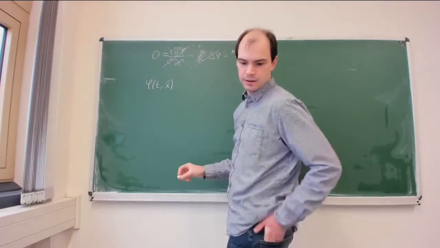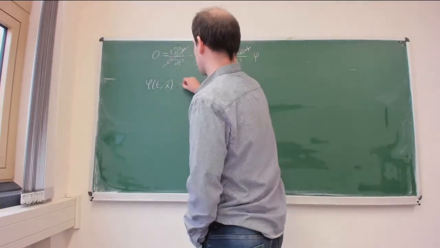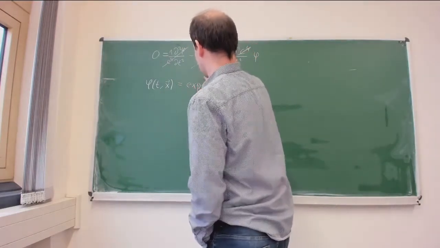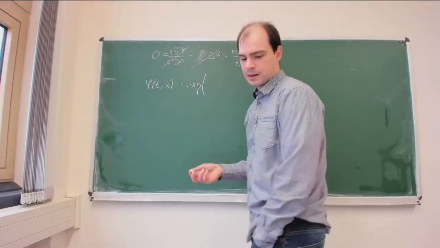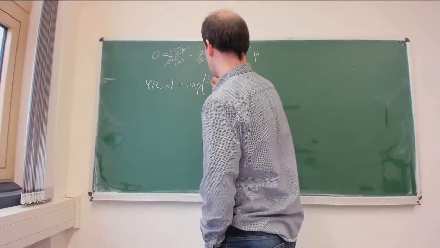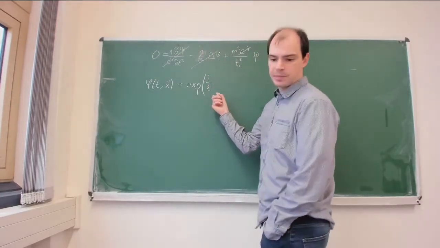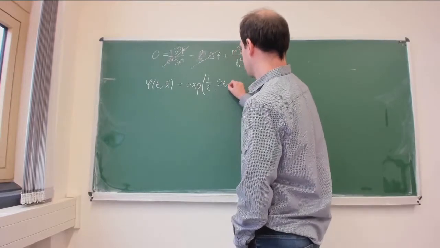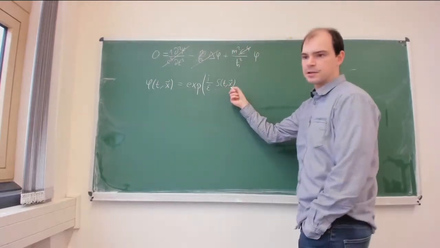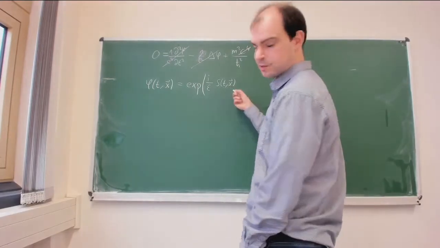our phi of t, x has this fast oscillating phase that goes with i divided by epsilon, with a phase s that generally could be a function of time and position.